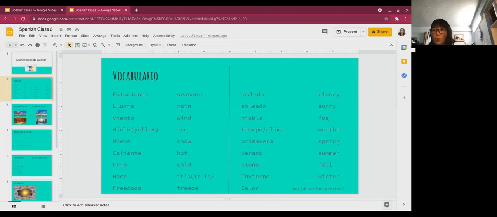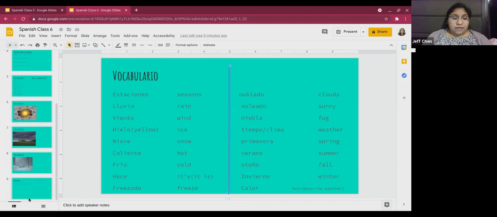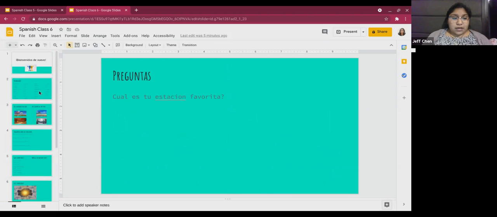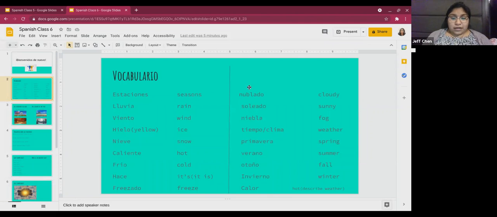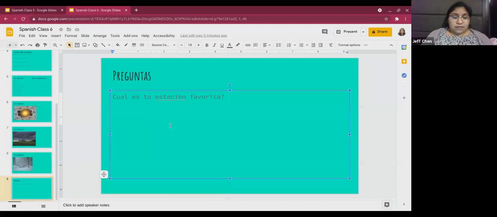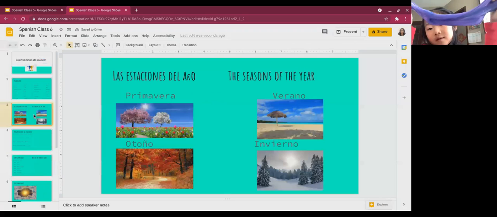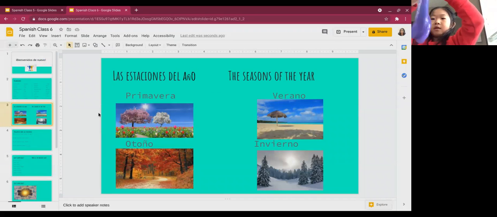I'll add more here at the very end, because I ran out of space. I'll add warm. I'll just note for myself when I'm reviewing this: add word.